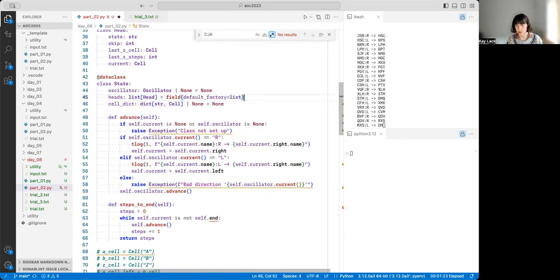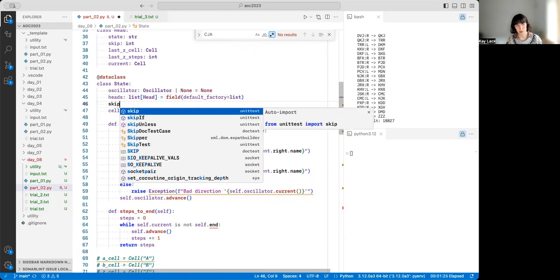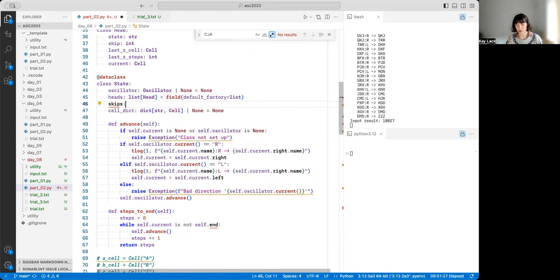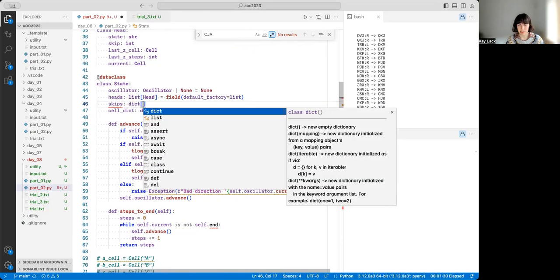The oscillator's still there and the skips. It's a really messy data structure.